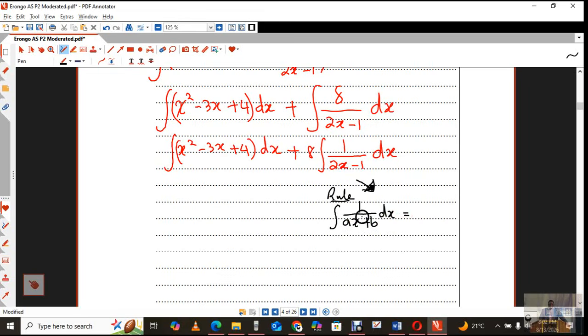This is supposed to be 1 divided by a, and then you have the natural log of the function ax plus b. Of course, this should be absolute value, it should be positive, okay? And then obviously what you do is you say plus the constant of integration, right?